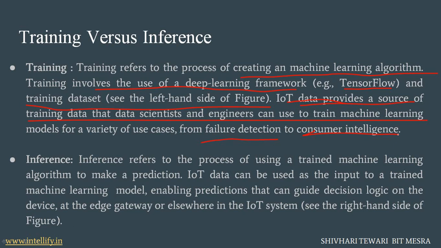That means in training we are creating an algorithm using deep learning frameworks, and then we take some training data set, add it to our framework, and test that training data set using the framework to check whether it can be used for our future cases like failure detection systems, expert systems, customer intelligence, and deepfake algorithms.